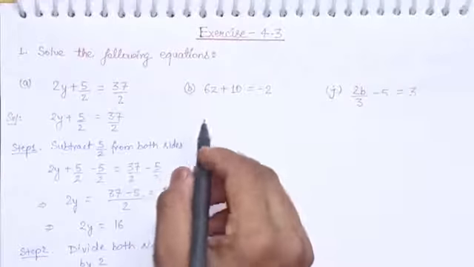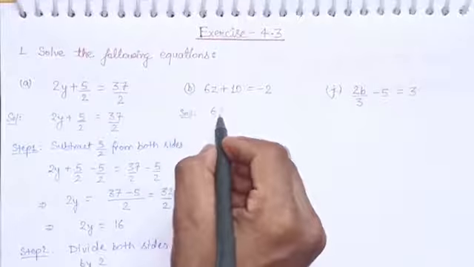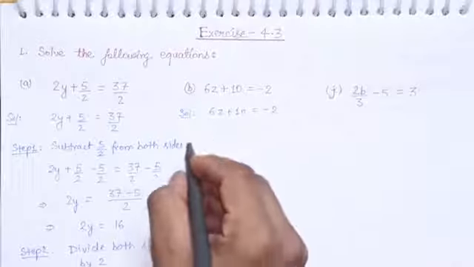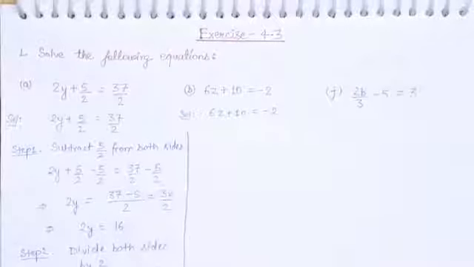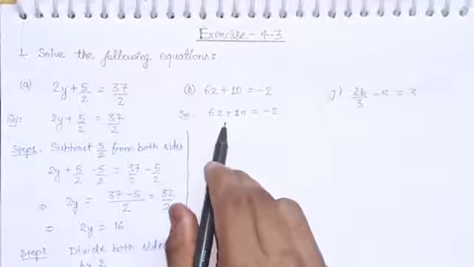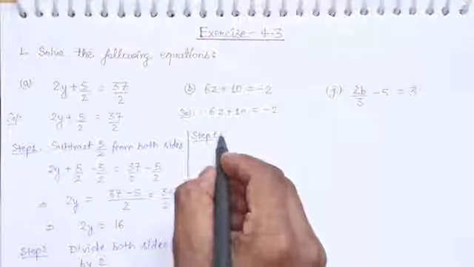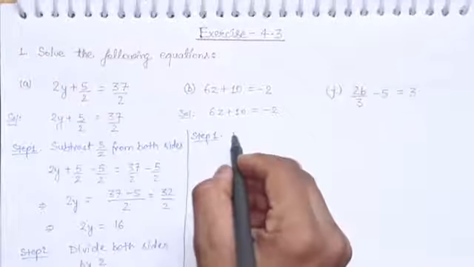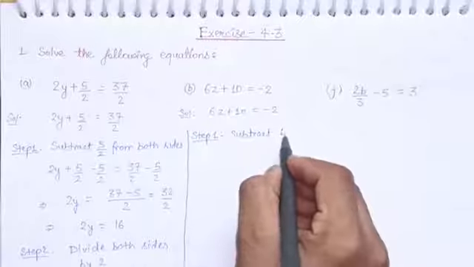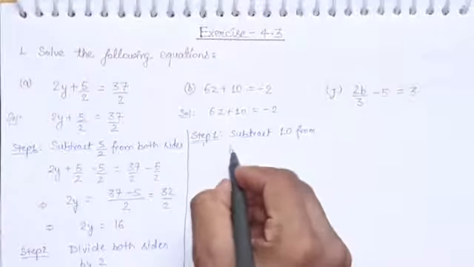So our next part is: we have given 6z plus 10 equals to minus 2. First we have to separate the variable. So step 1 is that, in step 1, subtract 10 from both sides.